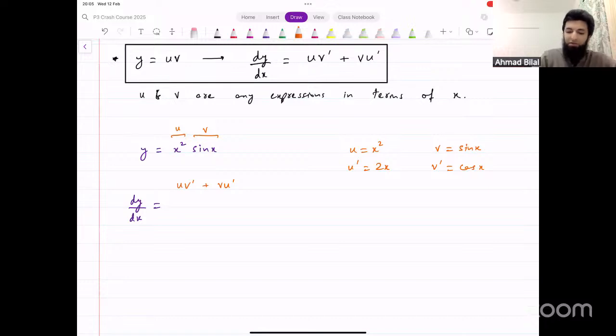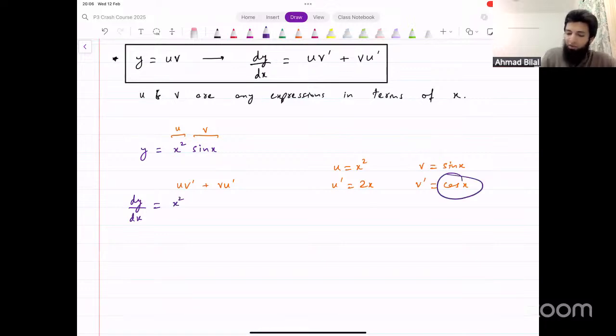All we have to do now is input these values in this formula. uv dash plus vu dash. u is x squared times v dash, that is cos x, plus v, which is sine x, times u dash, which is 2x.